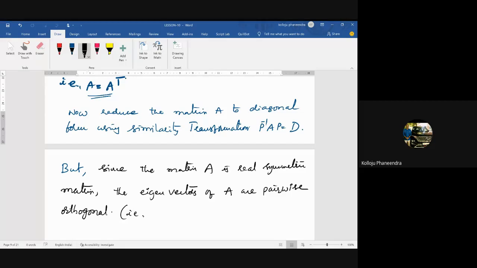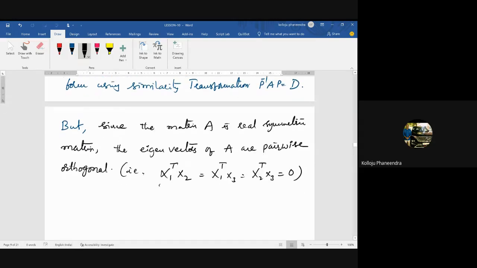That is, just giving a hint, x1 transpose x2 equal to x1 transpose x3 equal to x2 transpose x3 equal to 0. That means inner product. This is called inner product of x1 x2, x1 x3, x2 x3, all possible products must be equal to 0. That is called pairwise orthogonal.